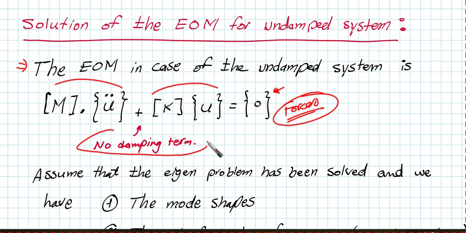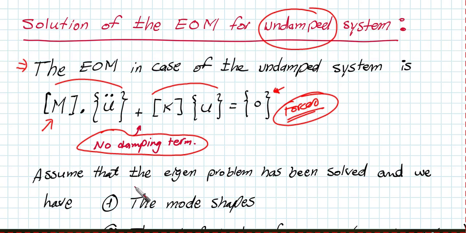So no damping term here, because we are working on the undamped system. This is the equation of motion: the mass matrix times the vector of acceleration plus the stiffness matrix times the vector of displacement equals zero, or the vector of zeros.